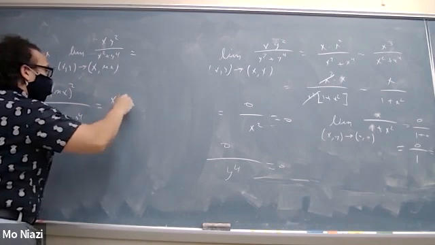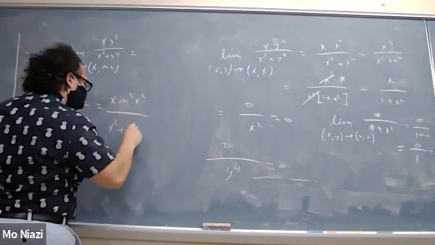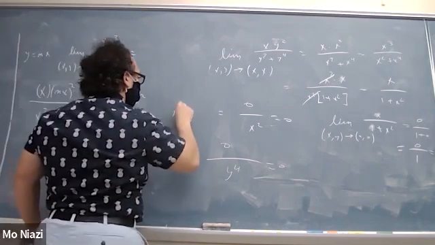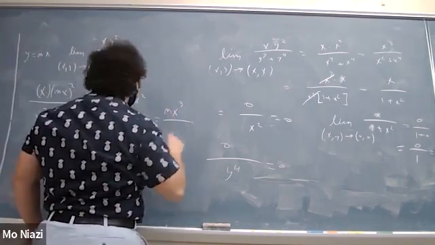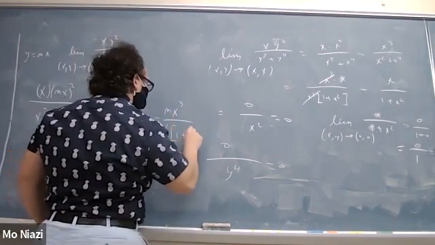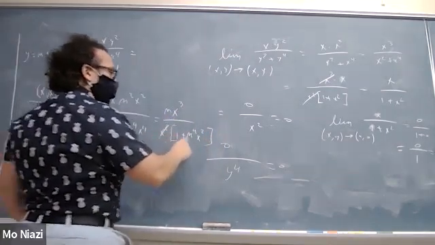This is x squared over x squared plus m to the 4th, x to the 4th. This is x cubed m all over x squared factored out. I get 1 plus m to the 4th x squared. Cancel.